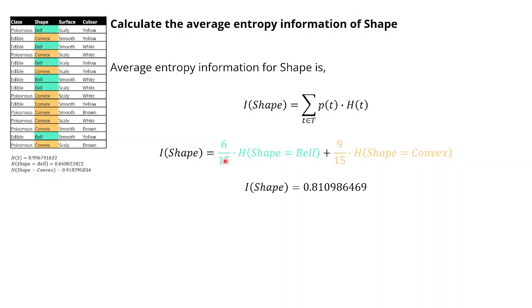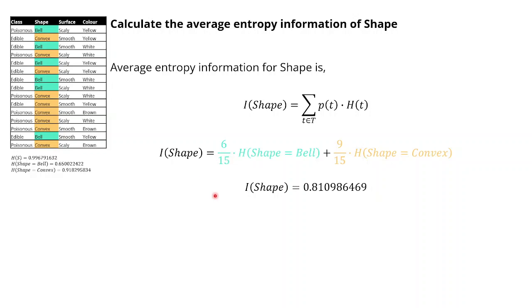So that's why we have 6/15 times the entropy of the bell shape. Plus 9/15 because we have 9 convex shapes, 1, 2, 3, 4, 5, 6, 7, 8, 9. So 9 over 15 times the entropy of convex shape. Therefore, the average entropy information of shape is 0.8198 something. Okay? So that is the average entropy.